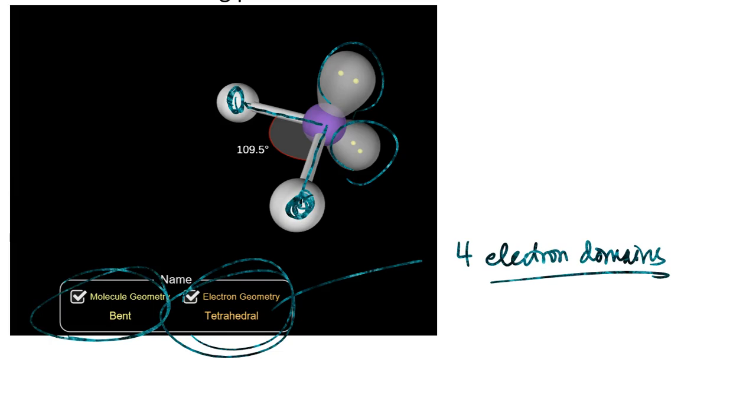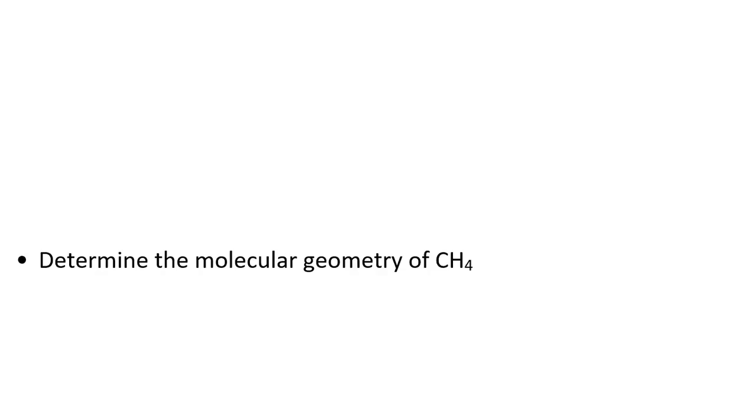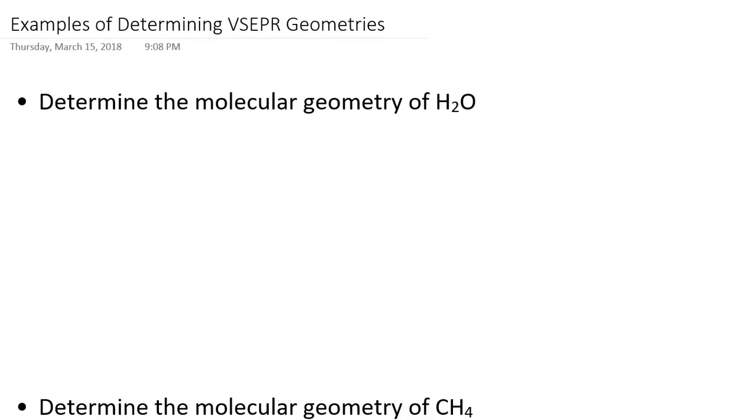Okay, so let's take a couple of examples of figuring out the VSEPR geometries for a few compounds. Let's start with water. We've been through the process by which you can draw the Lewis structure of water, so I'm not going to go through it from start to finish again. I'll leave it to you to verify that these structures are correct.